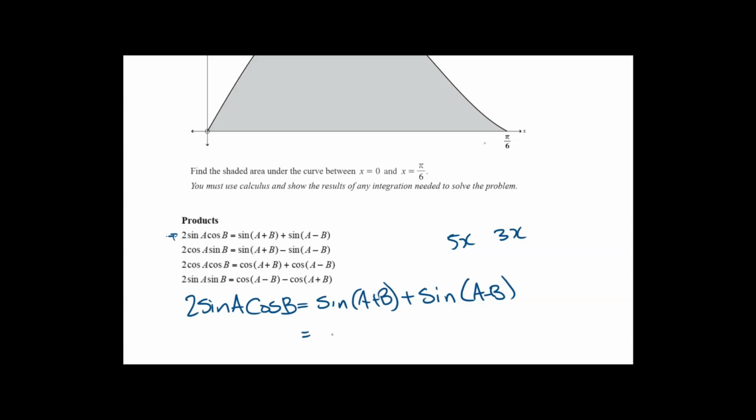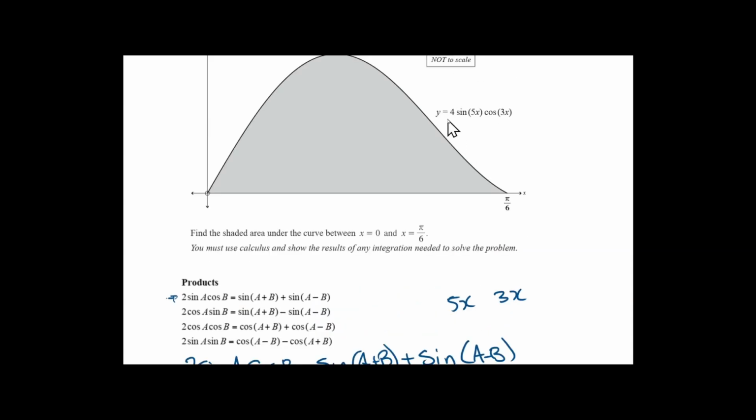So this is going to be sine of 8x plus sine of 2x, and we have a halving problem, that 2 here, so it ruins things for us. But there is a 4 in the front here.